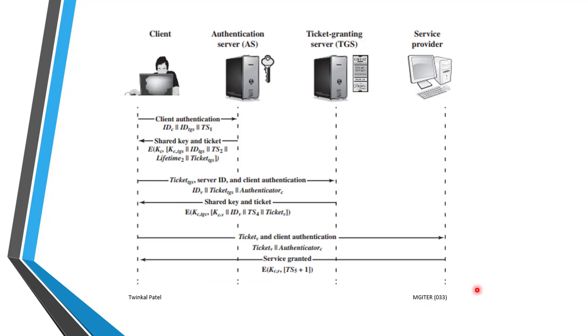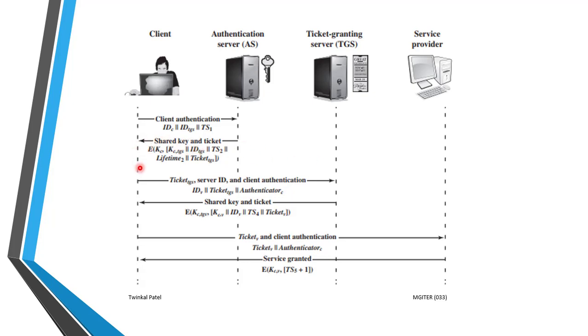So this is another representation of Kerberos version 4. First of all, client authentication is done using the client and the authentication server. After that, the authentication server will provide the ticket of the TGS to the client, with the shared key between the client and the TGS.